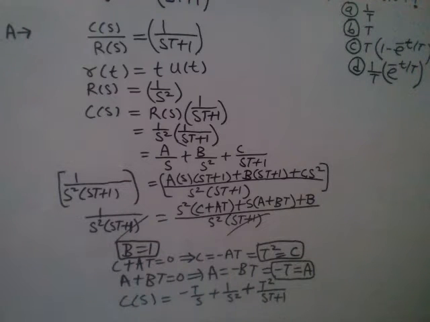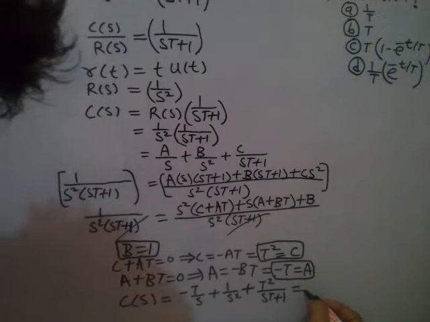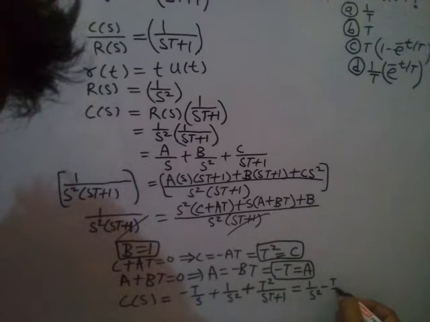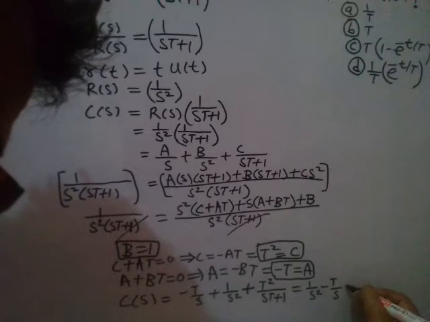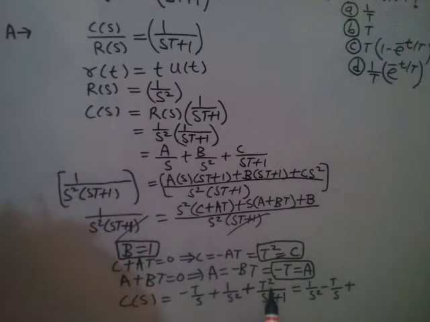We can further simplify this. You can write 1 by s square minus T by s, and from here, see, in the numerator it is T square, in the denominator it is sT plus 1. So in the denominator take T as a common. When you take T as a common in the denominator, it will become s plus 1 by tau.